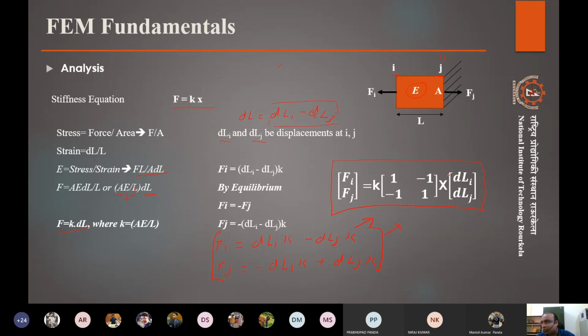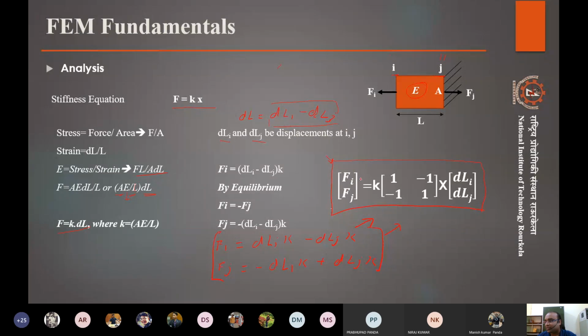So F equals k into x is what we say is the governing equation for this kind of analysis, structural analysis. Now, we are talking in one dimension right now. We can have 2 dimensions or 3 dimensions. So there will be a similar increase, like 2 to 4 to 6, right?